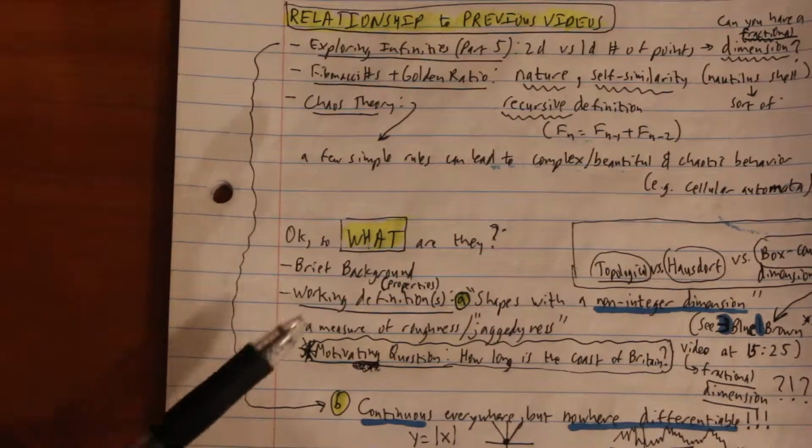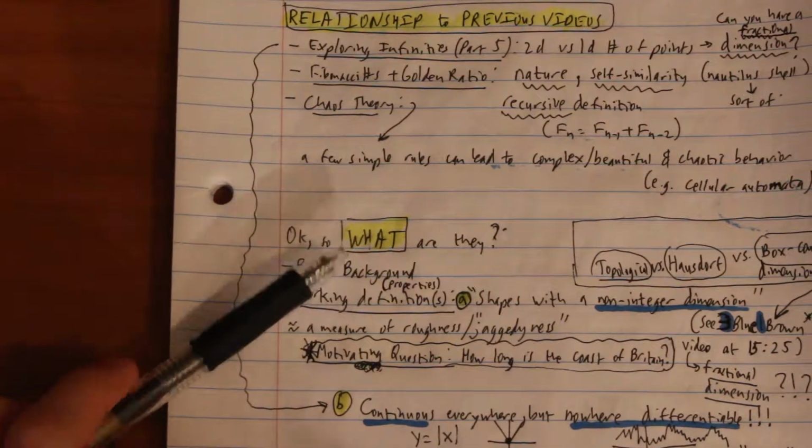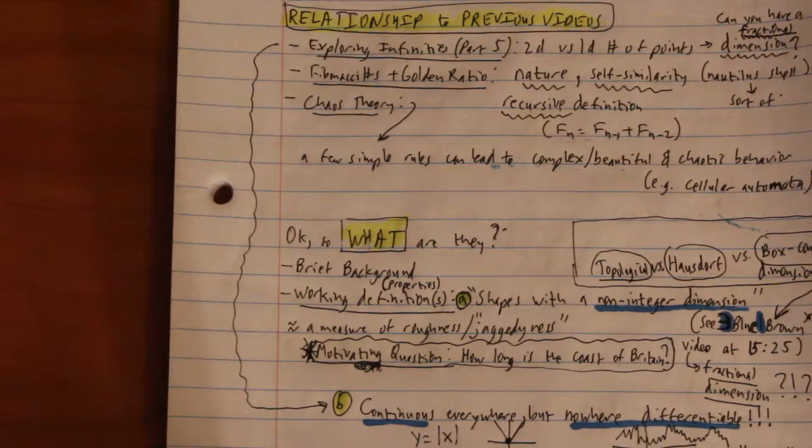All right, so what are they? That's a very good question. There's a disagreement, I would say, as to the precise definition of a fractal. Benoit Mandelbrot introduced the term fractal in 1975, though many aspects of fractals had been studied earlier, certainly in the 1800s, for example, with the mathematician Weierstrass.